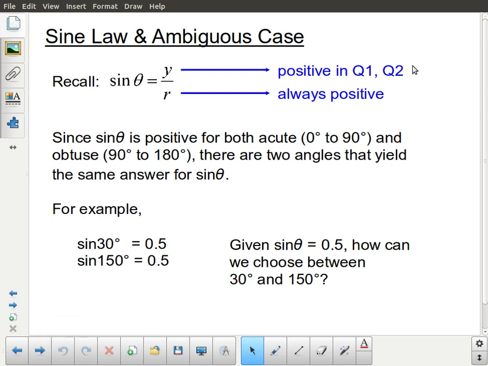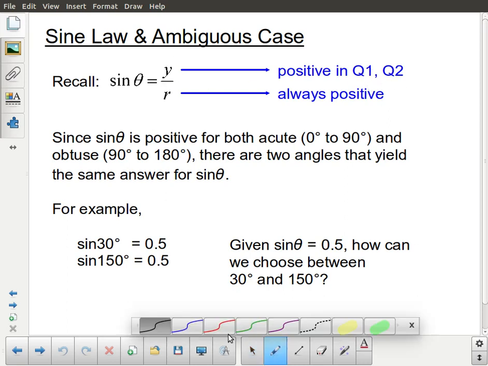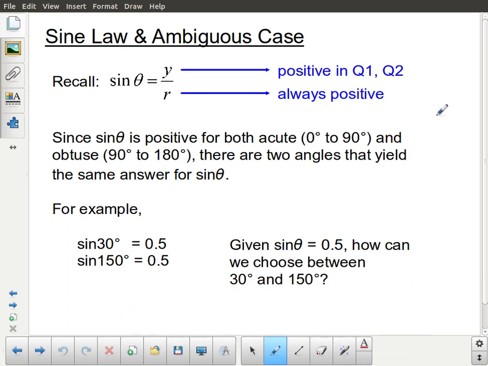Just a reminder of where that came from: why is sine ambiguous? In quadrant 1 and quadrant 2, the y coordinate is positive. Anywhere up here, you have a positive y coordinate. The r value is a distance, and a distance is always positive.